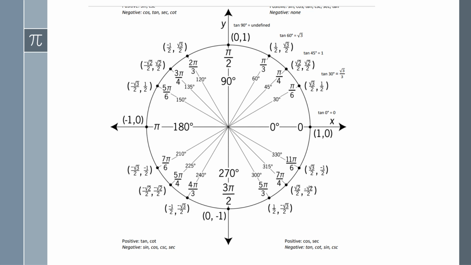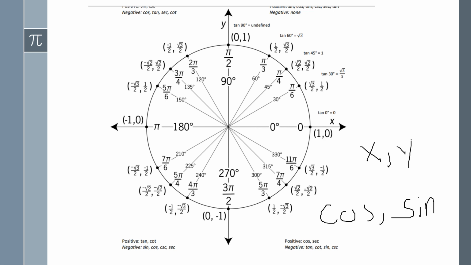Alright, you're going to use the knowledge that you just gained with those triangles, and you're going to find the outer part of the unit circle. That's how the unit circle is created. And remember, in case you have forgotten, x and y are no longer your values. They are cosine and sine. But keep in mind what's going to be positive, what's going to be negative in whatever quadrants you are in.